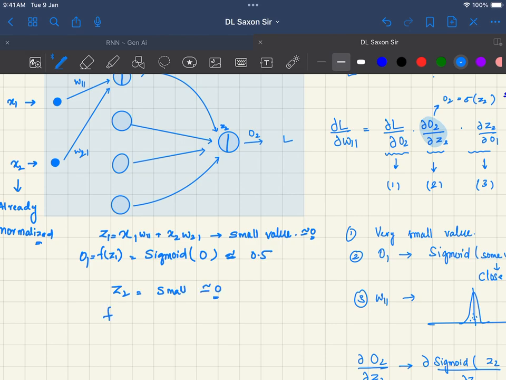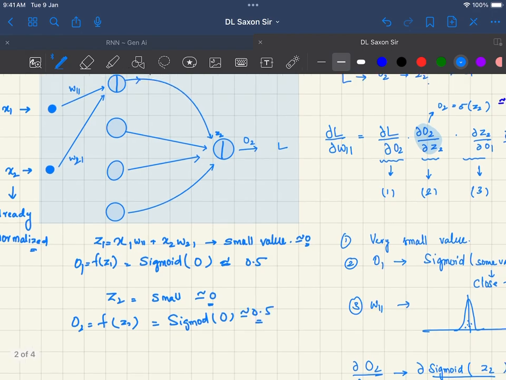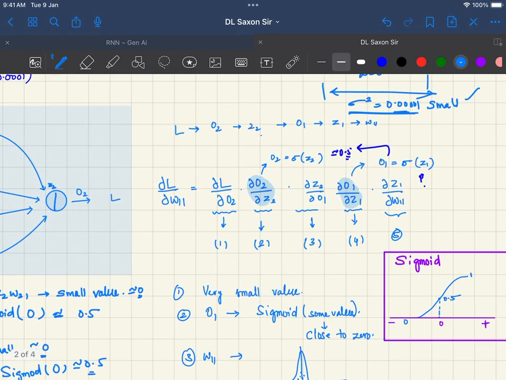So what is O2? O2 is f of Z2, which is sigmoid of 0, so it's going to be close to 0.5. So what is the issue? Why, if it's 0.5, is there an issue?